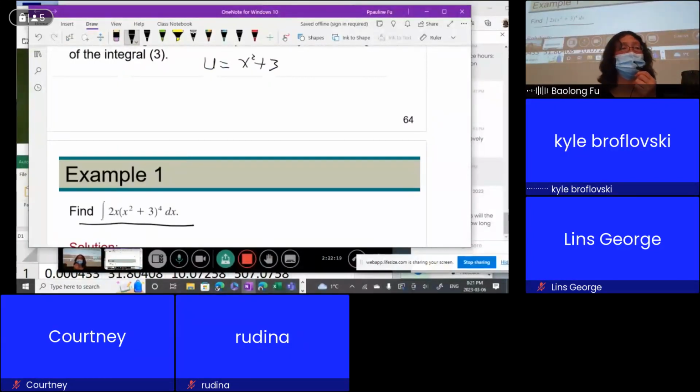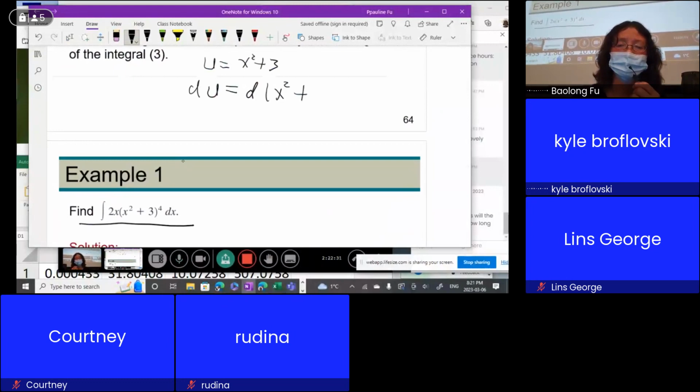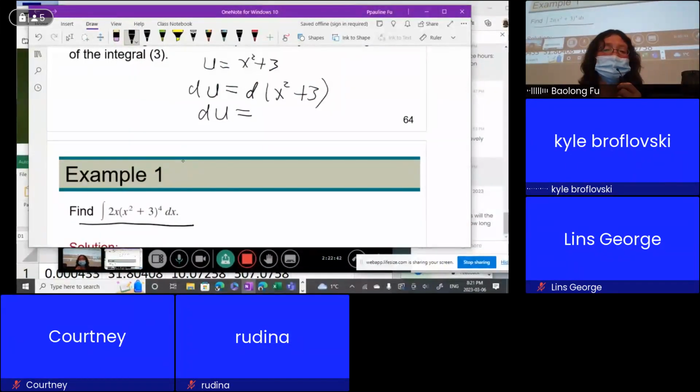If u equal to x squared plus 3, both sides you take d. Left hand side du, right hand side derivative of x squared is just 2x dx. Derivative of 3 is 0. Constant derivative is 0.